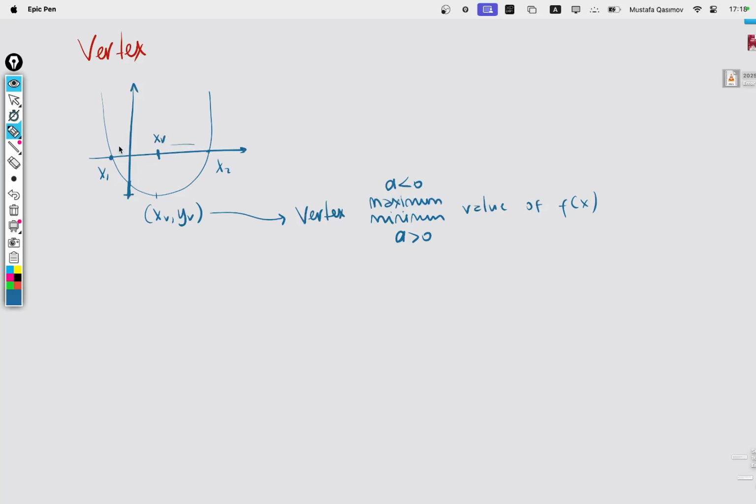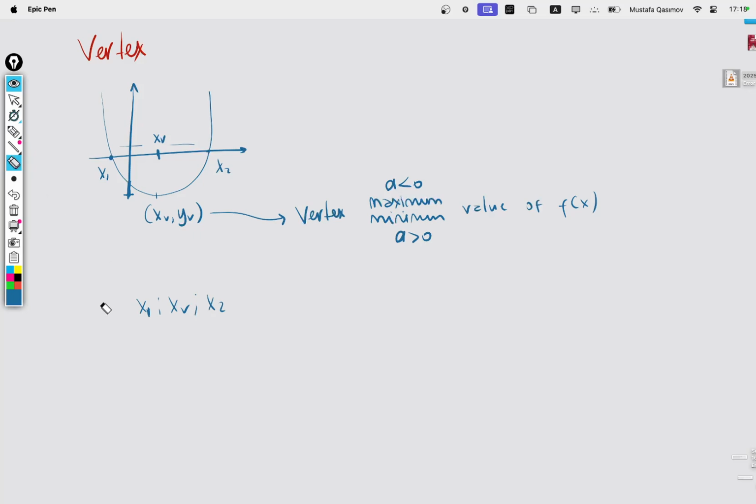It is the same distance. When you are looking here at x1, x vertex and x2, can you create a formula from here? Do any of you have an opinion? Can you tell me what's the relation between x1, x vertex and x2? No opinion?